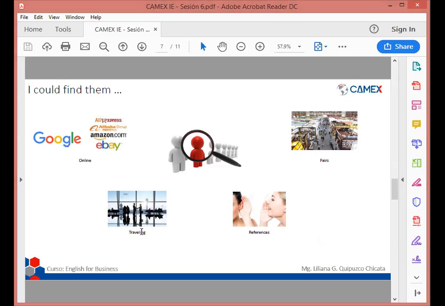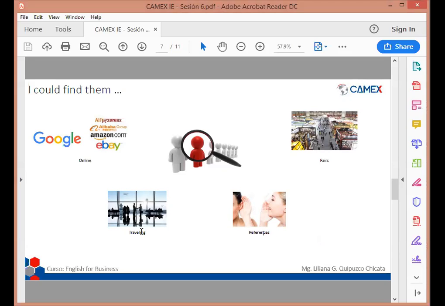In this case, they create a group of people interested in buying products, let's say from China, and together they travel to China and find the suppliers for the products that they want to import. The organization, ADEX or a Chamber of Commerce, will be in charge of all the arrangements for the traveling, the transport, and you will need a translator.